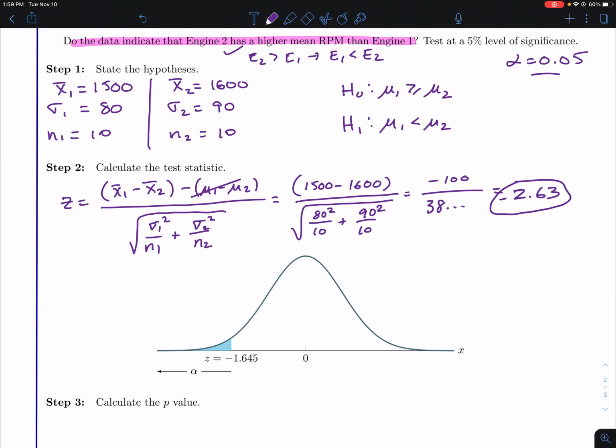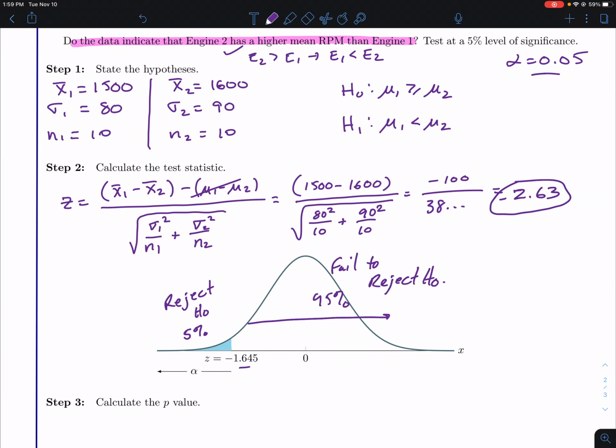So in this case, since we're trying to prove the bottom half, there's going to be 5% in the blue area, which is going to be our reject H naught area. And that means that there's going to be 95% in the fail to reject H naught area. So I've already done the work for you and did inverse norm to get that negative 1.645.